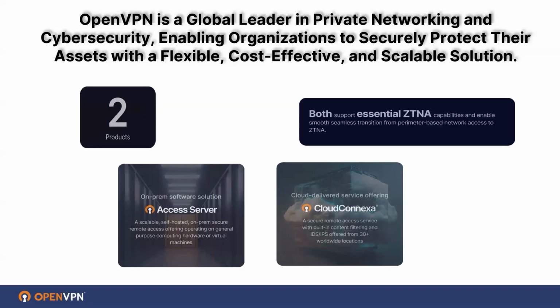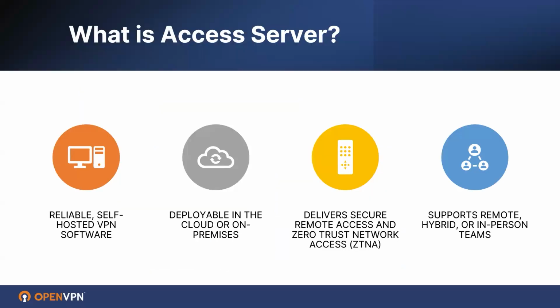Both solutions help businesses reduce risk, enhance security, and improve network visibility, a key component of a successful ZTNA strategy. So whether you're looking for a cloud-based or self-hosted approach, OpenVPN provides the tools to make zero trust a reality.